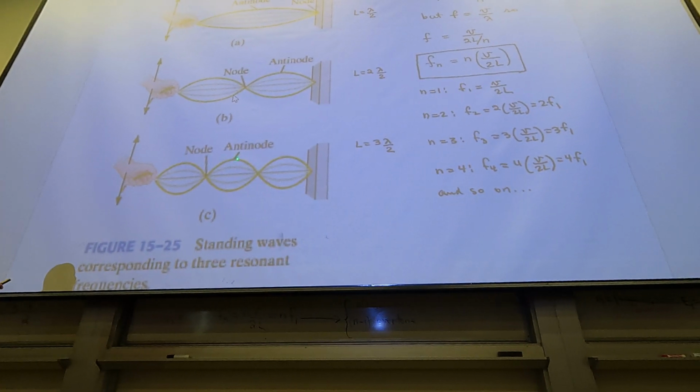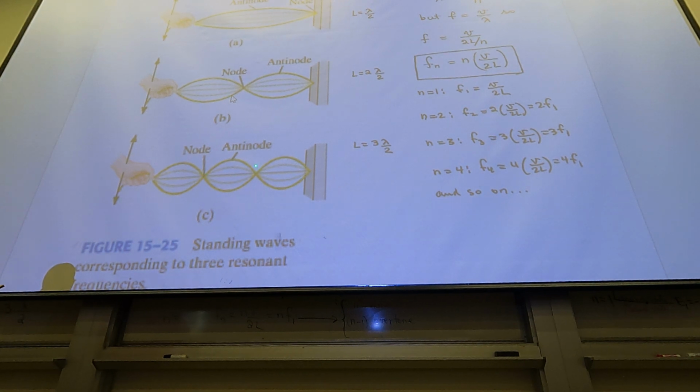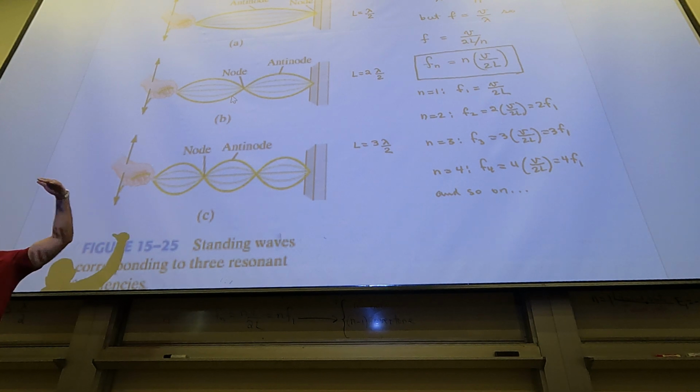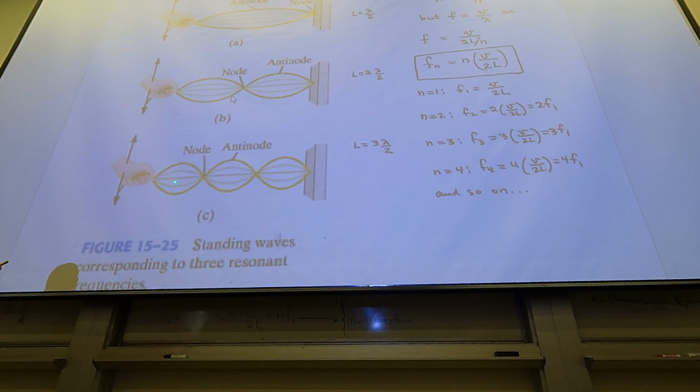And then the middle of the string, between this node and this other node, that's the part of the string that will undergo the biggest displacement, above and below. And so this is called the antinode. Antinode, node, antinode, node, antinode, node.